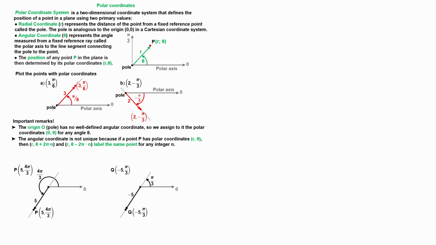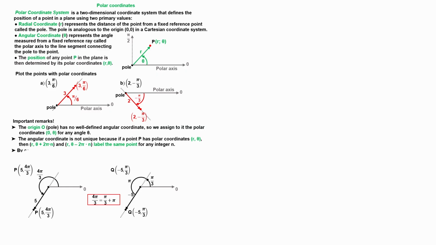The correct interpretation for this negative distance is that it represents a positive distance measured in the opposite direction, just as the minus sign in front of a vector indicates that the direction of the vector is opposite to the reference direction, while the length remains the same.